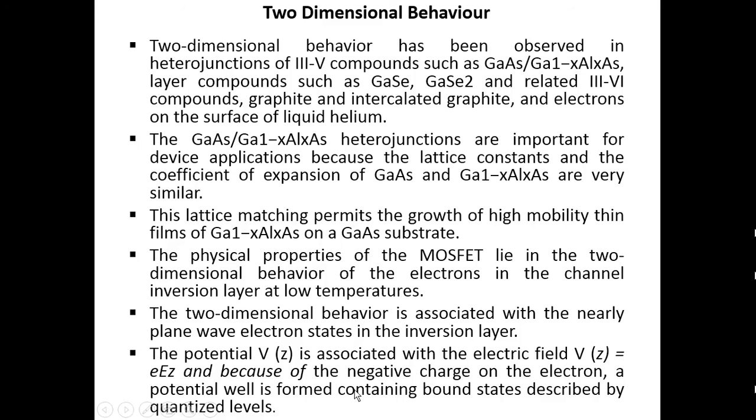Due to this confinement of the motion of electrons in one direction, we can consider this device to act as a two-dimensional electron gas device, in which the movement of electrons produces a potential well in the interface layers of the two heterojunctions formed by different materials, and that makes the device operational as a two-dimensional electron device.